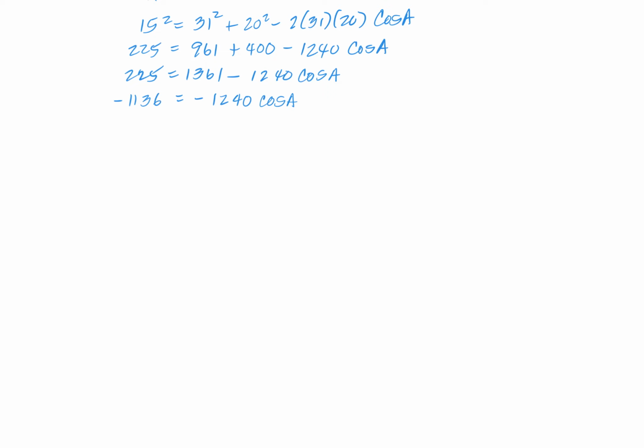I would divide both sides by the negative 1240 to get negative 1136 over negative 1240, and that's equal to our cosine of A. So now the negative over the negative, that's a simple change to positive. I'm not going to bother reducing the 1136 and the 1240, that fraction, because at this point, I'm going to use my calculator.